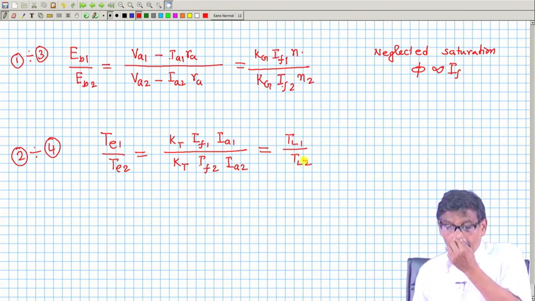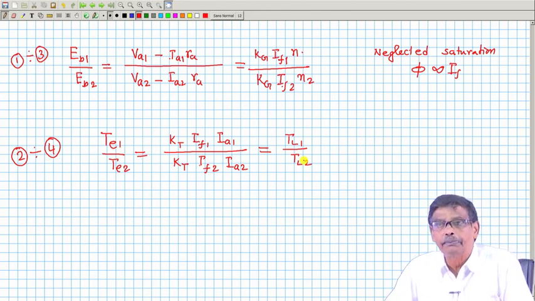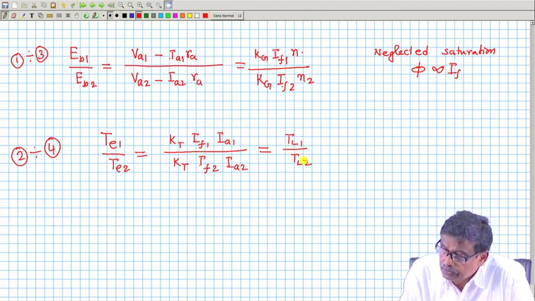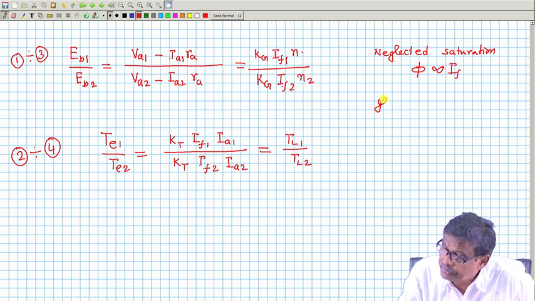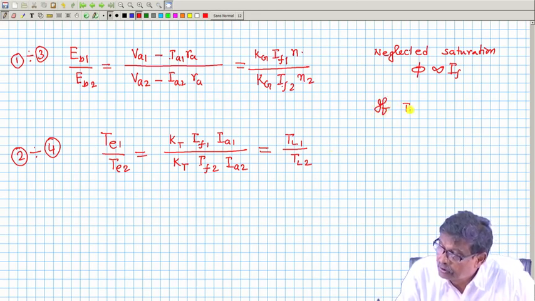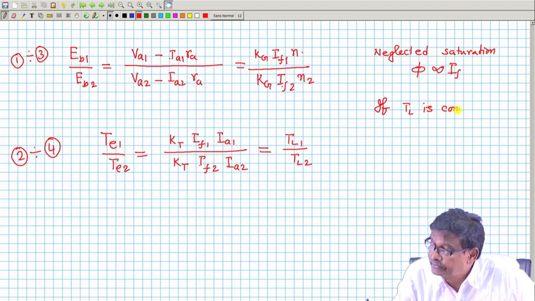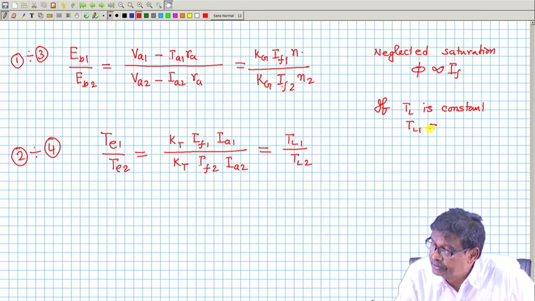Got the point? Load torque, the mechanical torque present on the shaft of the machine, may also depend on speed. If I say that it is a constant opposing load torque, then TL1 and TL2 will be the same. If load torque is constant, then TL1 has not changed, TL2.